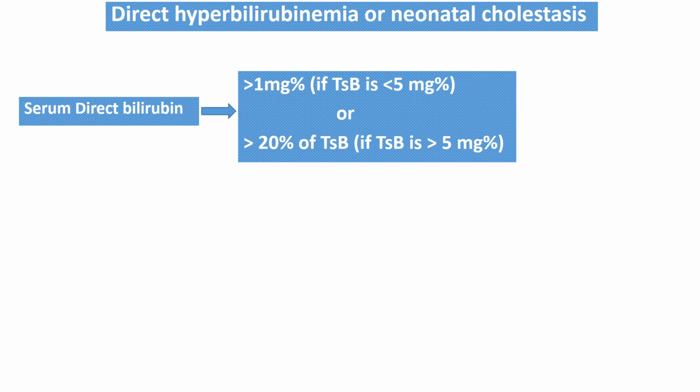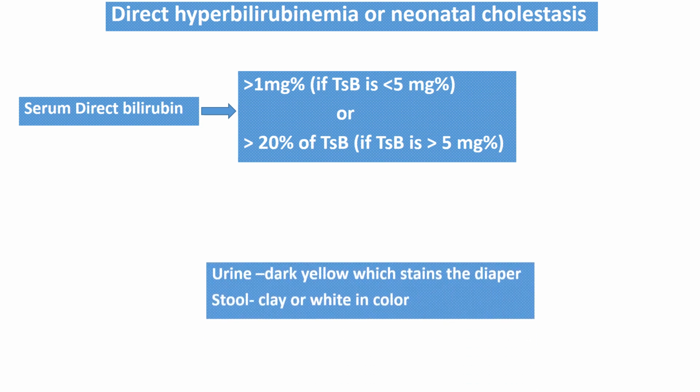In another way, we can say whenever there is a defect or dysfunction in the bile formation and the bile secretion, the neonate will develop conjugated hyperbilirubinemia. In this, urine will be dark yellow in color, which will stain the diaper, and stool will be clay or white in color because bile will not be secreted in stool.